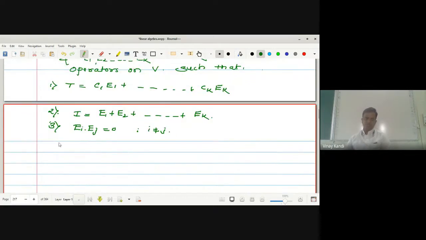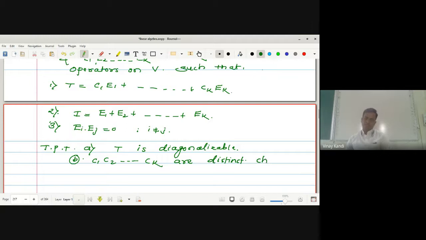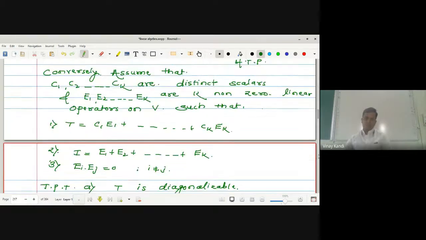And what we have to prove: part A, T is diagonalizable. Part B, C1, C2 up to so on Ck are distinct characteristic values.